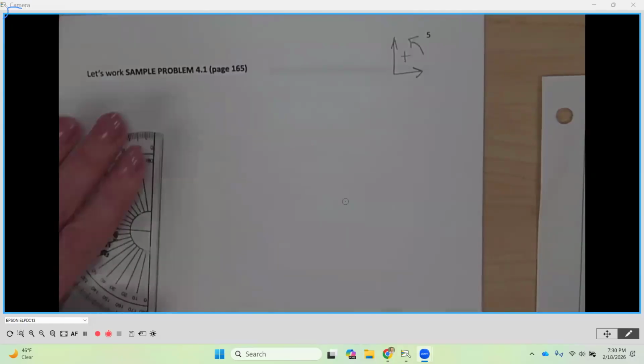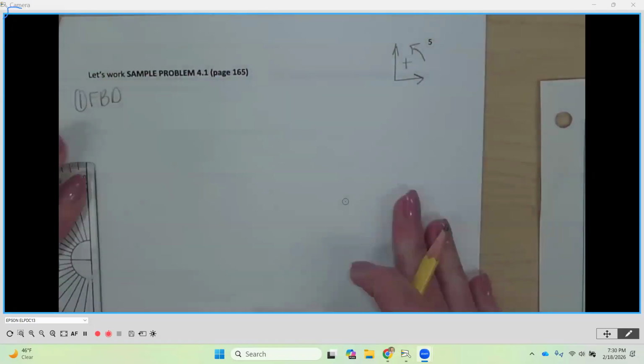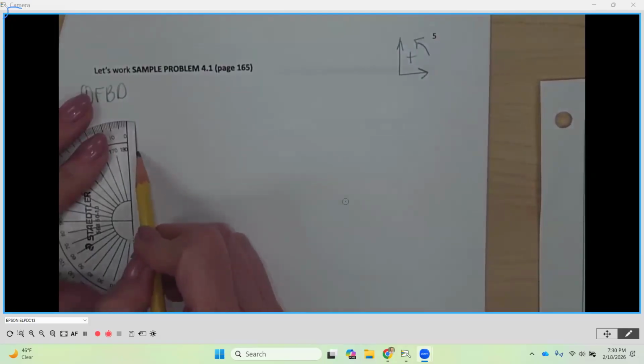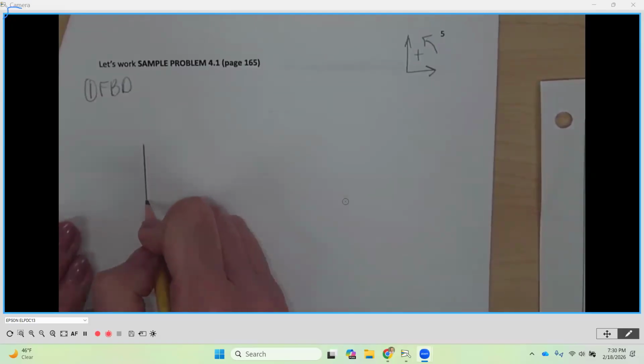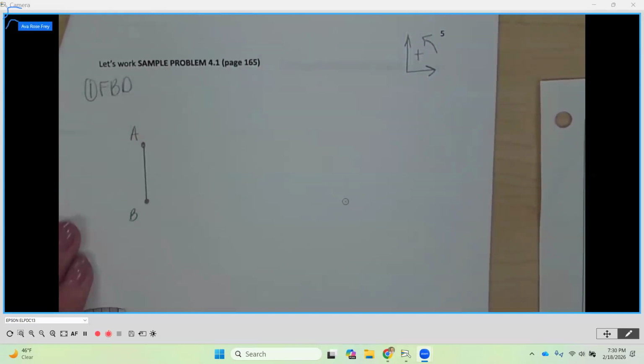I just want to look at my size here so that I can make sure I have enough room and get everything in. This down here is going to be my point B, and up here is going to be my A.